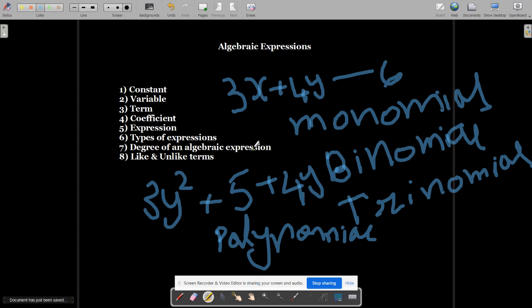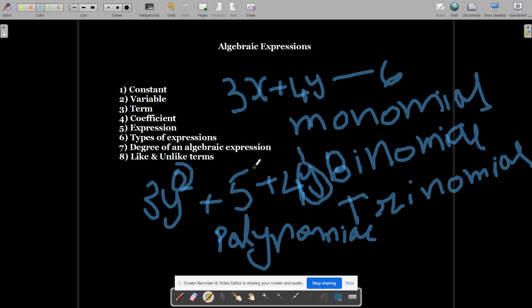Next is degree of an algebraic expression. The highest power of an expression is called the degree of the polynomial. For example, if I take this as a polynomial, check the highest power. What is the highest power of y here? It is 2. And here also there is a y, the power is 1.